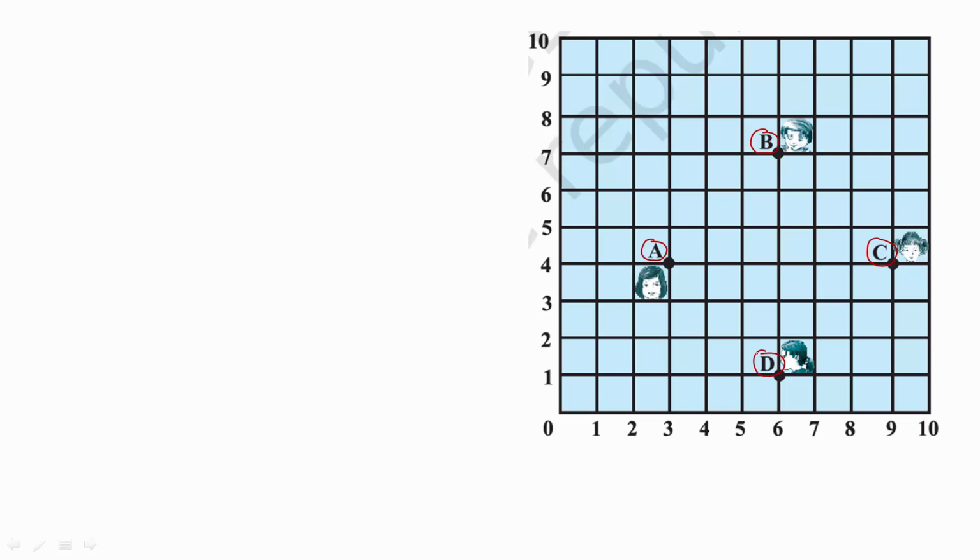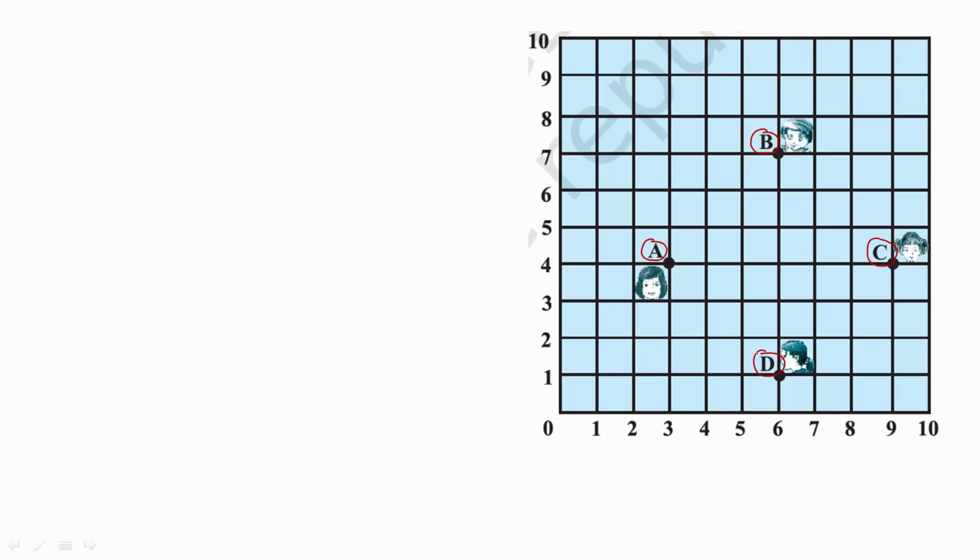Champa and Chameli walk into the class, and after observing for a few minutes, Champa asks Chameli, "Don't you think ABCD is a square?" Chameli disagrees. Using the distance formula, find which of them is correct.